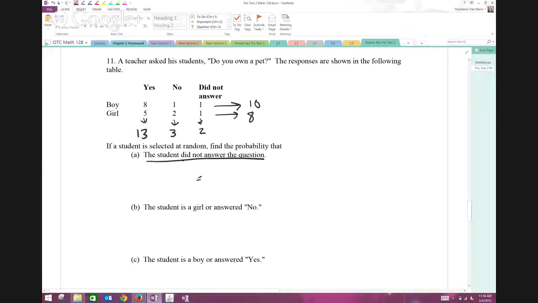So how many students did not answer the question? 2 out of 18. And I can simplify that to 1/9. The student is a girl or answered no. So here, the probability that it's a girl or answered no would be how many girls I have? 8, right? 8 over 18 plus how many people said no? 3 out of 18 minus the number of girls that said no, which would be 2 out of 18.